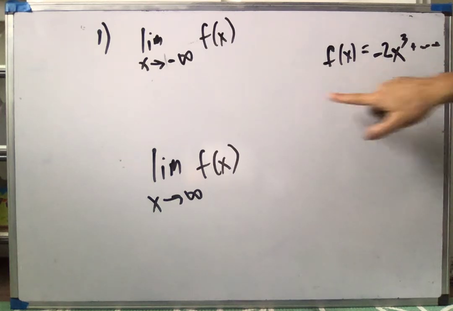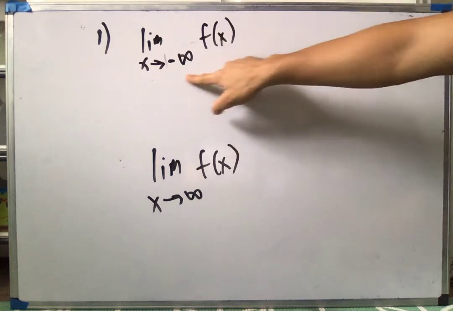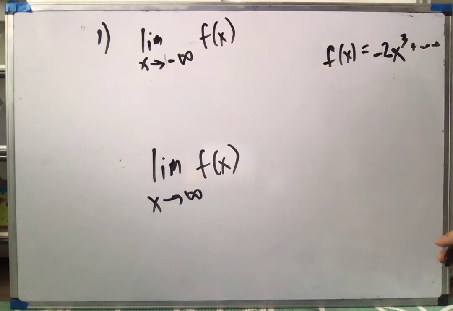So what I want to think about is if I plug in a really big negative number, think of like negative 100 million or something, what is this going to be? First of all, positive or negative, and is it going to be big or small? If I put in a really big negative number, like negative 10 million, that's going to be raised to the third power. Negative times negative makes a negative, but multiplied by this negative 2 in the front, that makes it turn positive in the end.